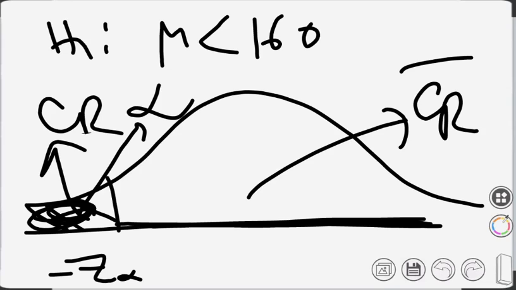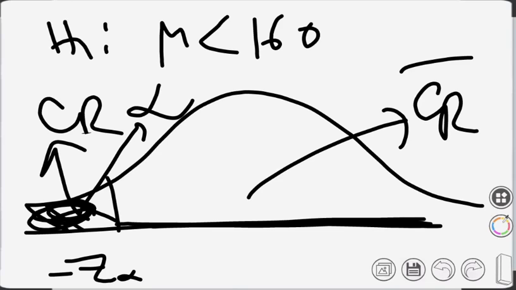Please get your head cleaned. Listen to what I'm saying. This concept is very important. If it's a two-tail test, the critical region will be on both sides, distributed equally, alpha by 2 and alpha by 2. If the alternate hypothesis is greater than, then the critical region will be to the right of the acceptance region, and the whole area will be alpha to the right.